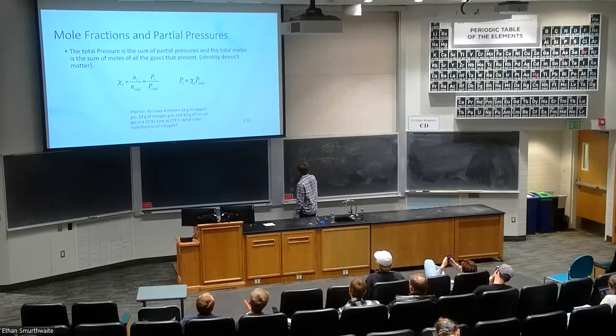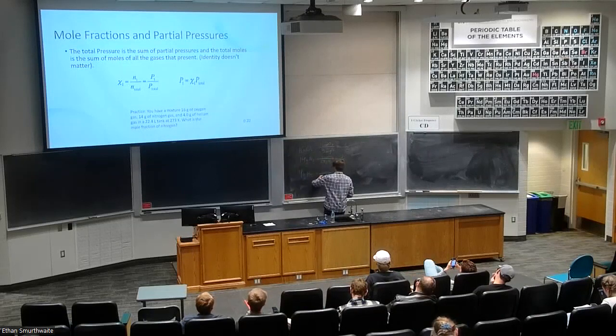And the last thing we have is 4 grams of helium. There's 4 grams of helium per 1 mole. You're right. Gotcha. How many moles? This is easy. 1. So how many total moles do we have? 2. 2 total moles.